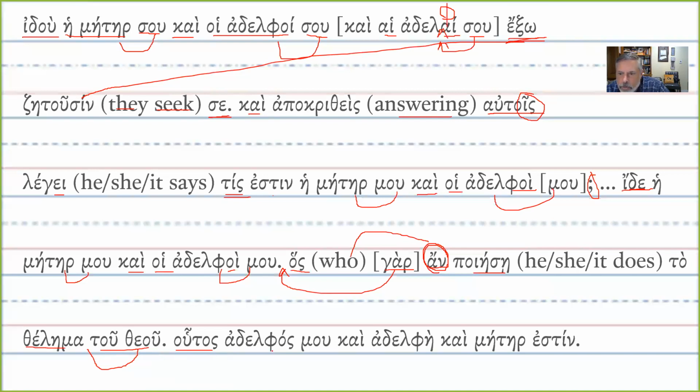This one, my brother, this modifying brother, this is a nominative singular, and sister and mother, and here's the verb that we're looking for. So this one is my brother and sister and mother.